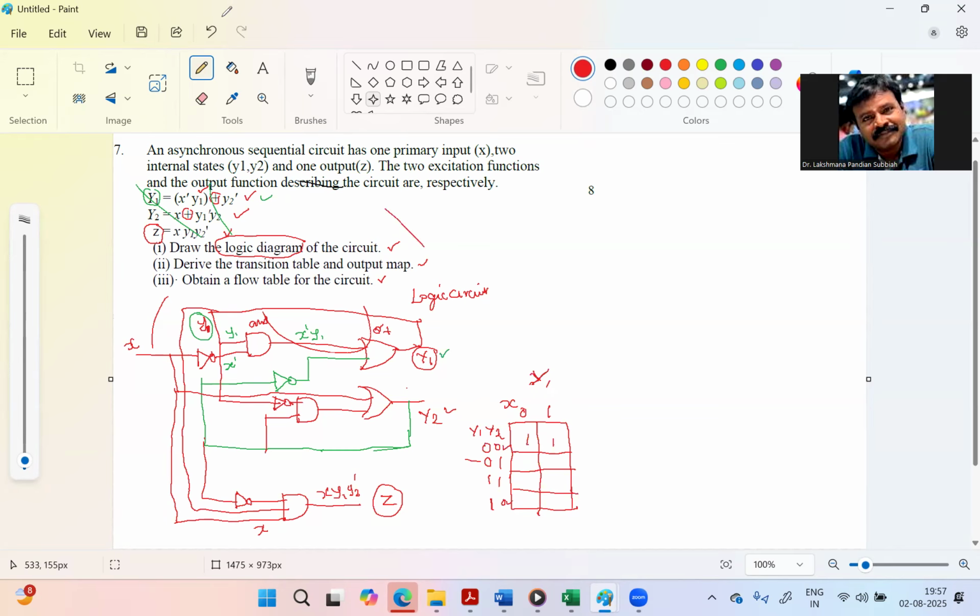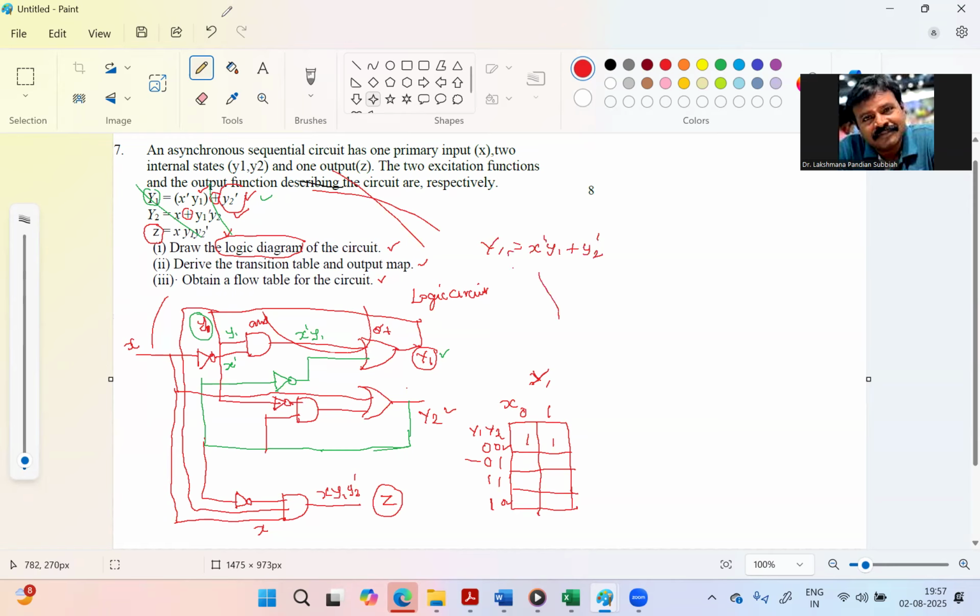So the Y1 is here. We are having that Y2 dash. So Y1 is equal to X dash Y1 plus Y2 dash.